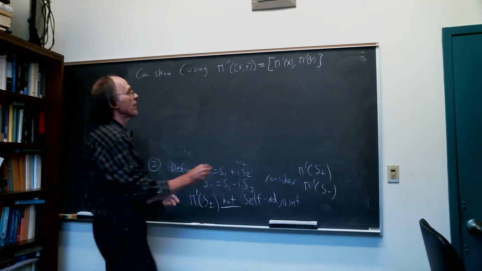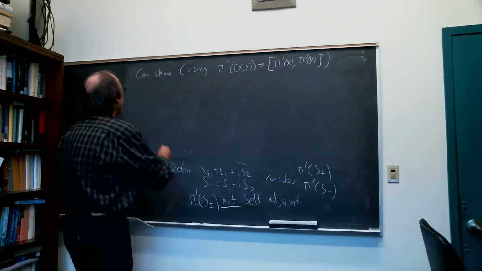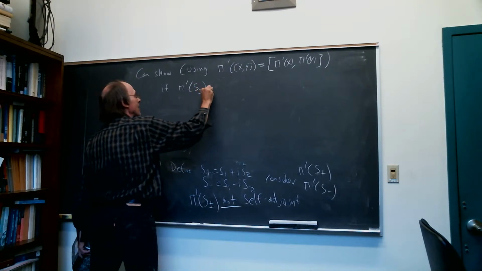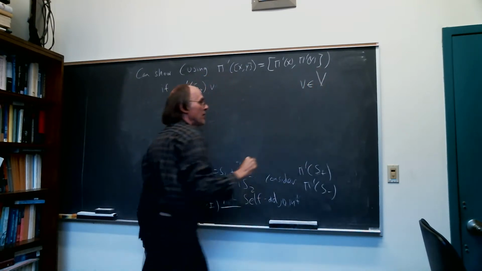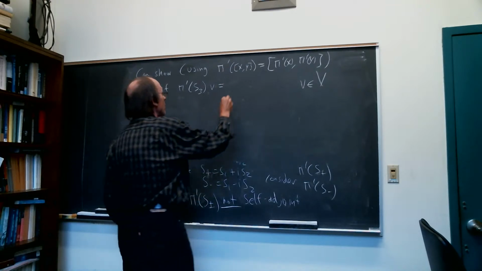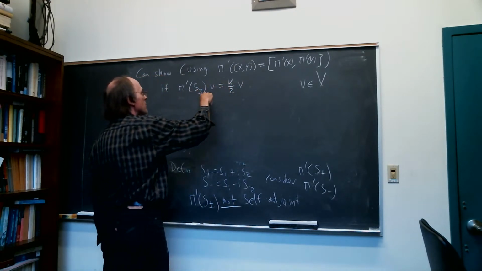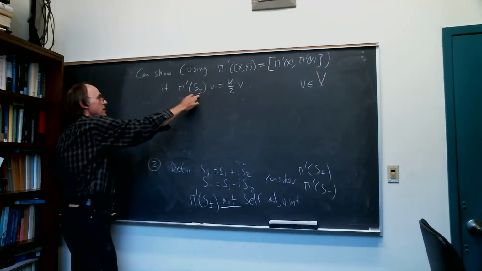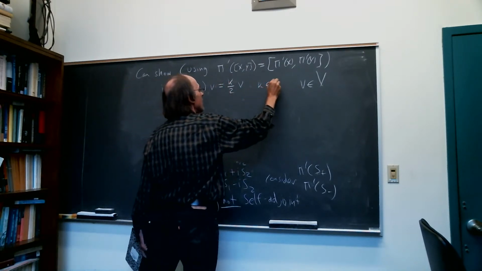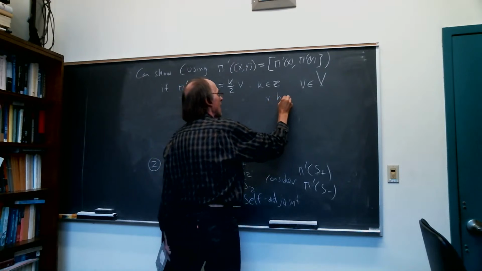And one thing that you find is that if pi prime of S3 acting on V, where V is just some vector in the representation, is an eigenvector, so it's k over 2 times V, since this S3 generates that U1, what I was calling the QJs before, and k is an integer, then you say V has weight k.